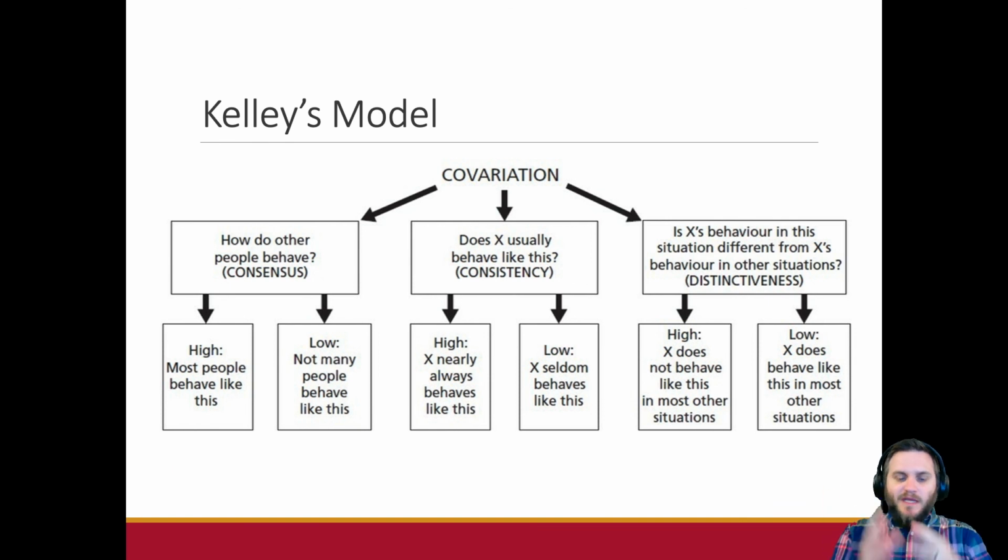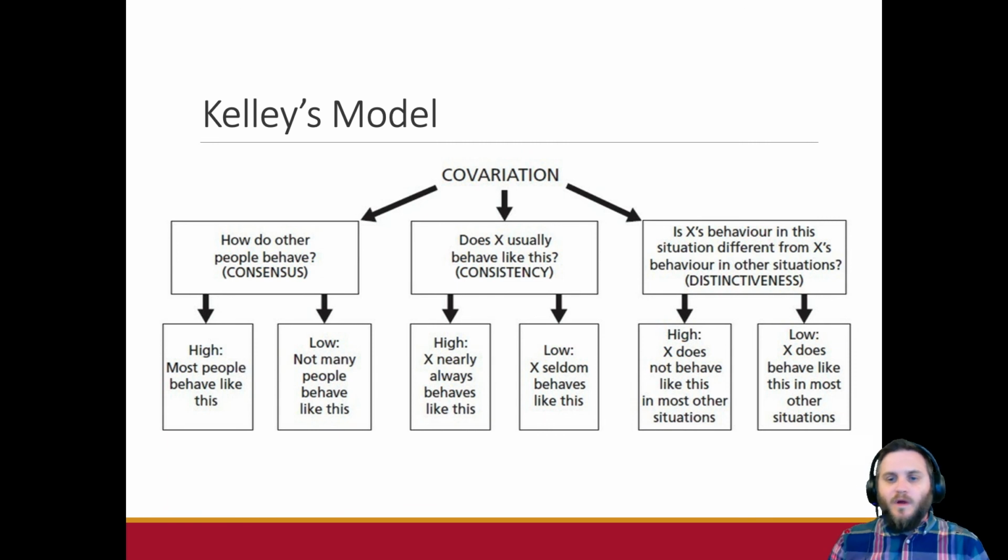There's space in between. And so he highlights here in this model highs and lows. Okay, so how do other people behave? Well, if there is high consensus, most people will behave like this. Just think of the word consensus. It's being used here as we use it in many other ways. Okay. Low consensus is not many people behave this way. So high and low.